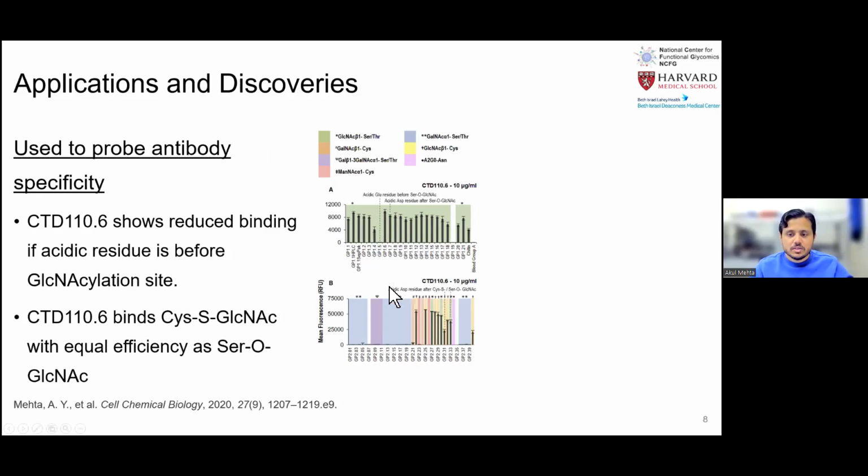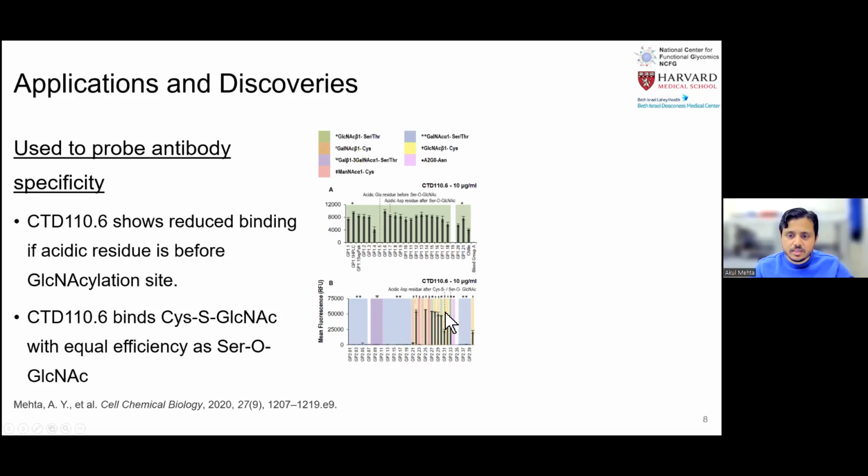But we also noticed the same thing in our second GP2 array. So in the GP2 array, we had much more variation. These are all GalNAc containing peptides where we don't see any binding. And the yellow and green are the GlcNAc containing peptides, either cysteine linked for the yellow or the green ones are the O-linked ones.